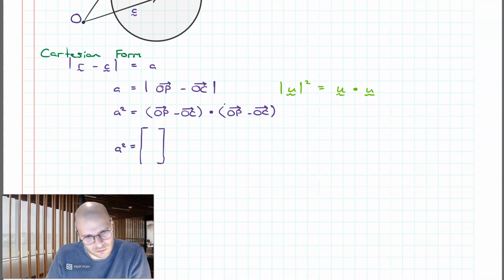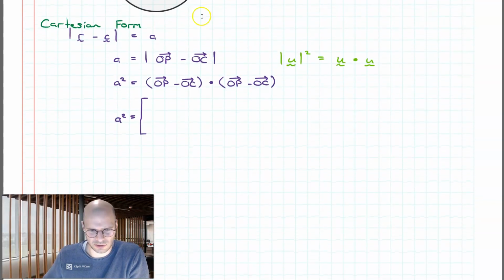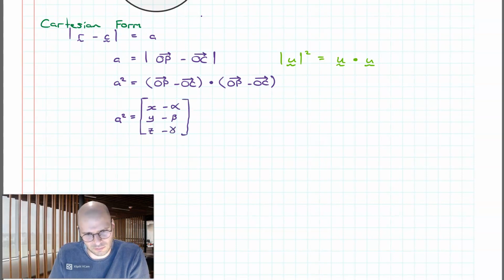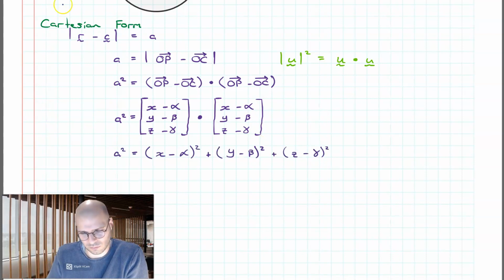Now if we calculate the dot product of CP dot CP, then what we get is, firstly, C is an arbitrary point. So let's just say that this is alpha, beta, gamma. So that's the position. So this is going to become X take alpha, Y take beta, Z take gamma, which in turn will become something that looks very similar to a locus in 2D space.